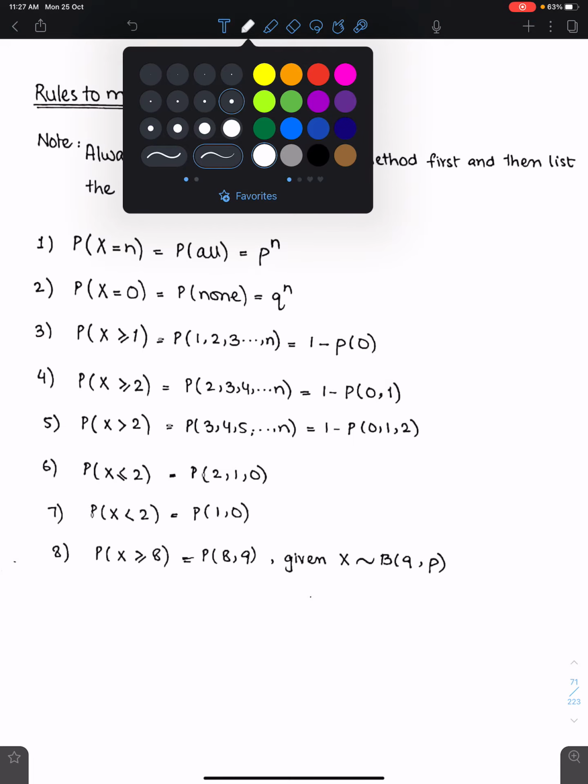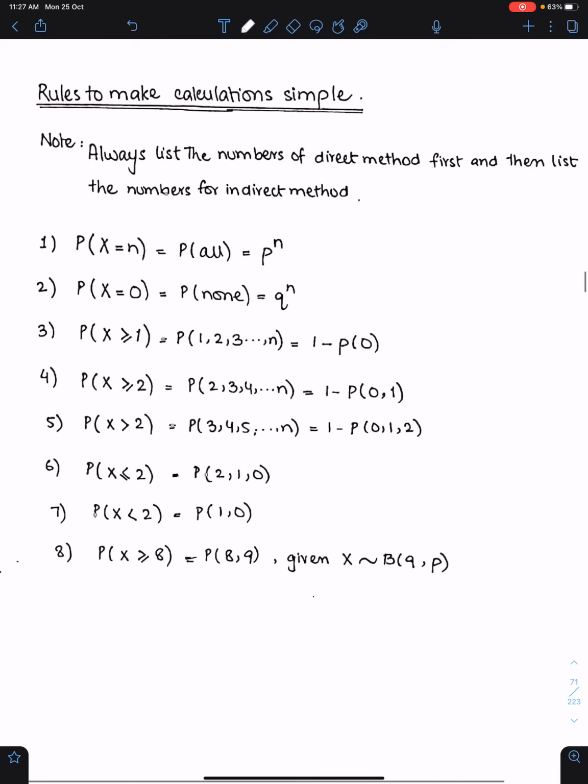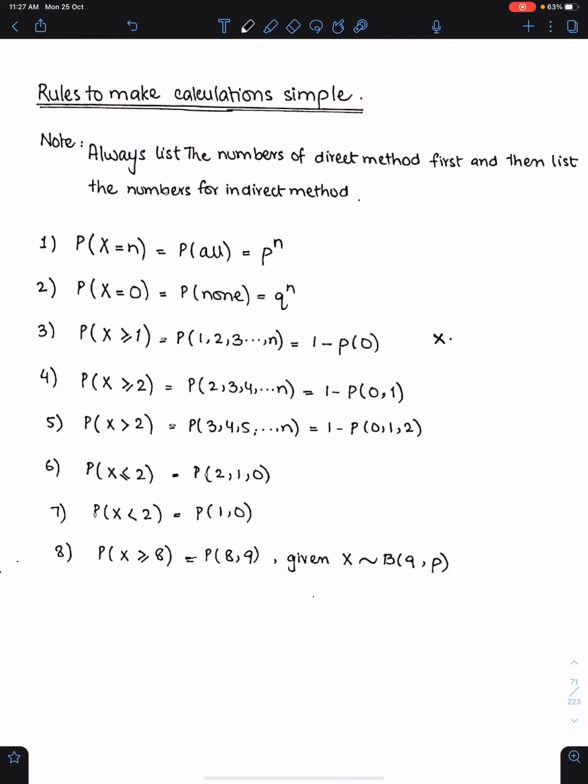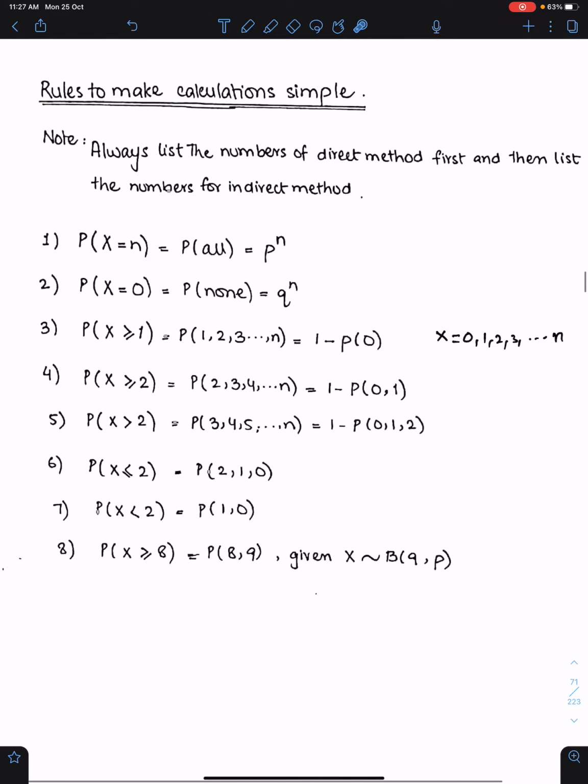Let me write this here, because x starts from 0. So we write that number which is not in this list. So 0 is not in this list. So 1 minus probability of that number. This is the way to find the probability for at least 1.